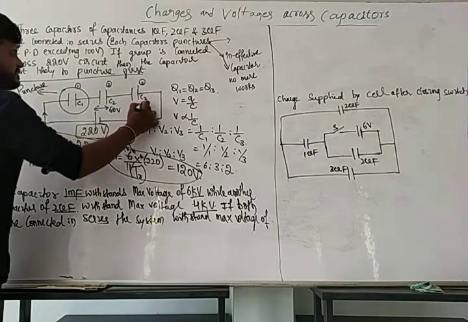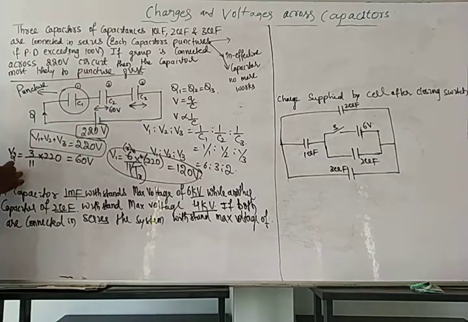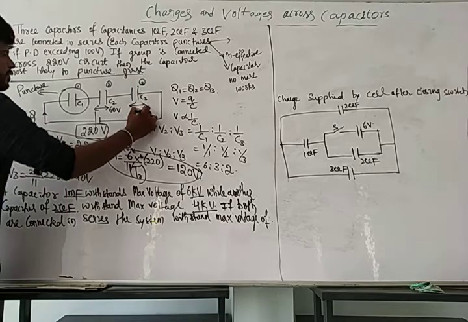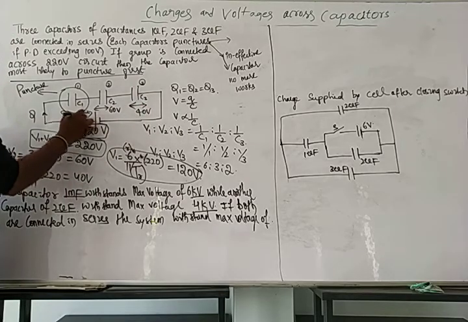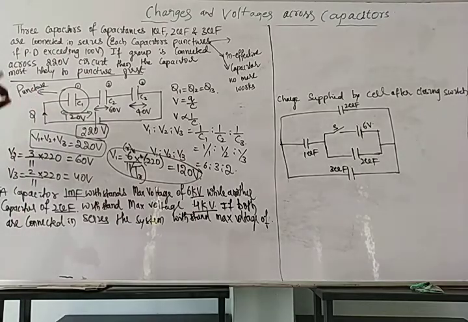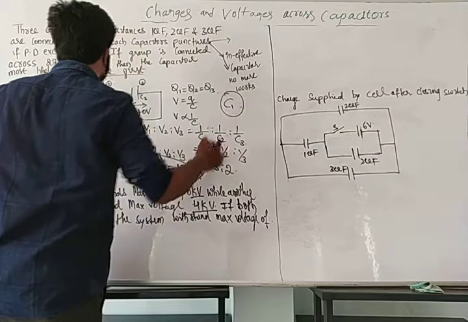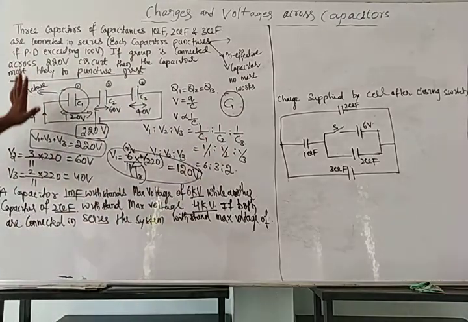Similarly, V3 will get 2 by 11 into 220, which is nothing but 40 volt. Here you will get 40 volts, 60 volts and 120 volts. So which will get punctured first? C1 is the capacitor which will get punctured first.